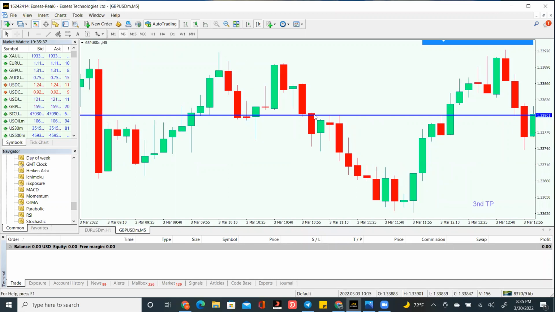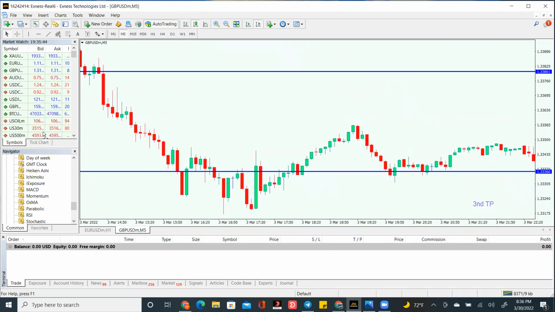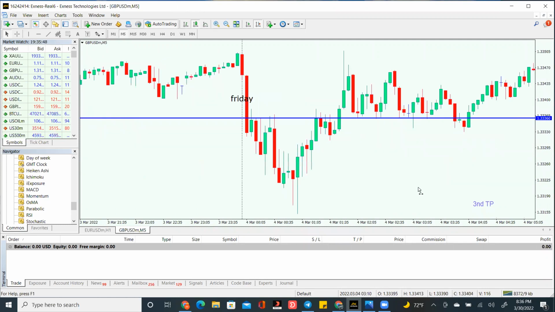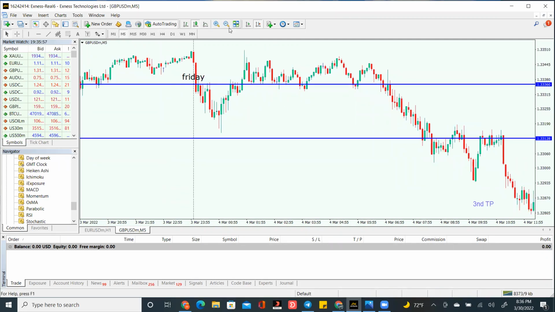Let's go to the following day. This 3rd, 4th, Friday. Normally, I don't trade on Friday, but let me still show you. I don't trade on Friday. I don't trade on Monday.